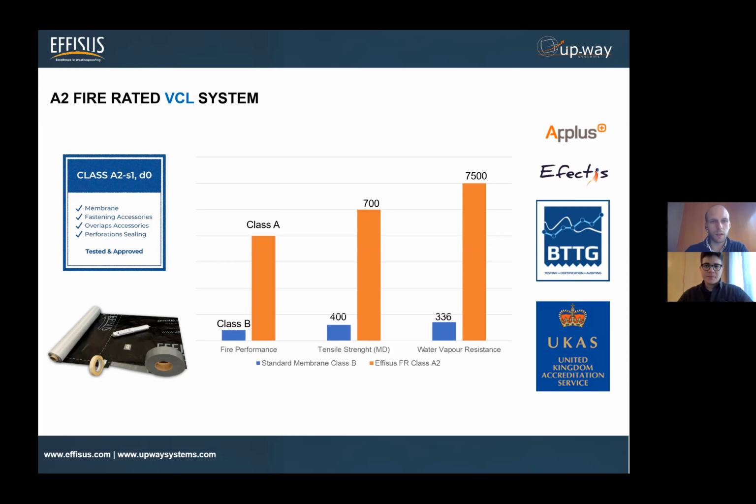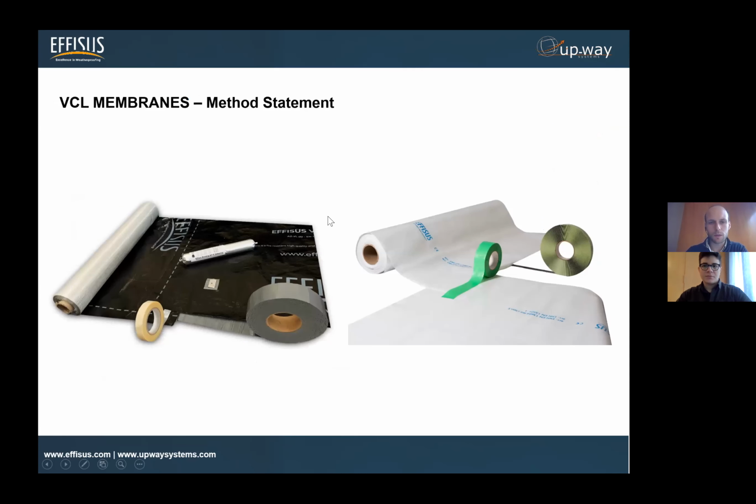Okay. Thank you very much, João, for sharing all the information, and the one related to environmental issues and environmental certification is really important. And so just here, I'm sharing some notes regarding the method statement of this VCL membrane. You can see, for instance, in these pictures, different possibilities regarding VCL membranes.